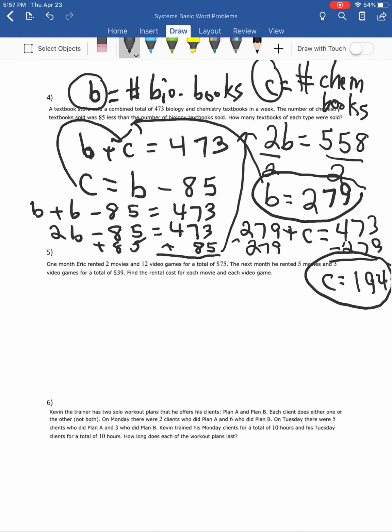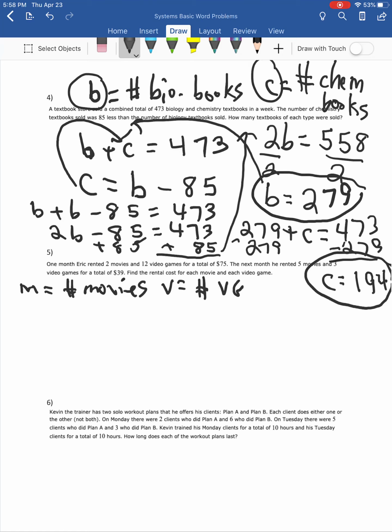So number 5, one month Eric rented 2 movies and 12 video games for a total of $75. Next month he rented 5 movies and 3 video games for a total of $39. Find the rental costs for each movie and each video game. Okay, I'm going to say M is going to be number of movies and V equals number of video games.